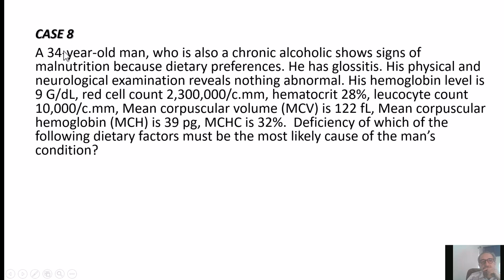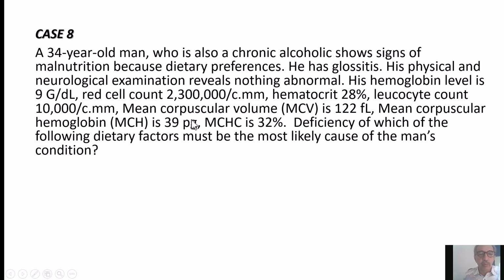Case 8. A 34-year-old man, a chronic alcoholic, shows signs of malnutrition because of dietary preferences. He has glossitis. Physical and neurological examination reveals nothing abnormal. Hemoglobin 9. Red cell count 2.3 million. Hematocrit 28%. WBC 10,000. MCV is 122, increased. 87 is normal, it's 122, large RBCs.